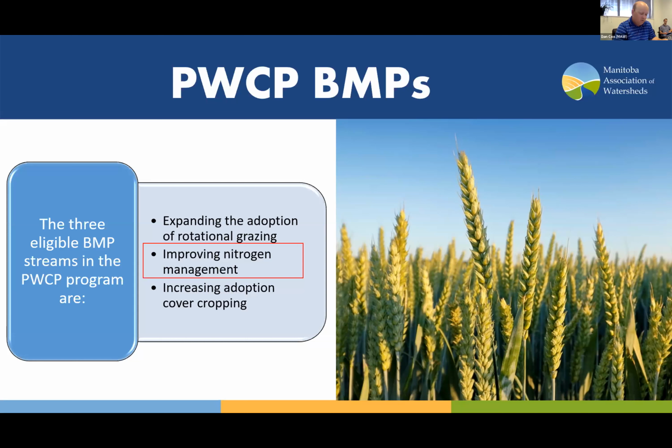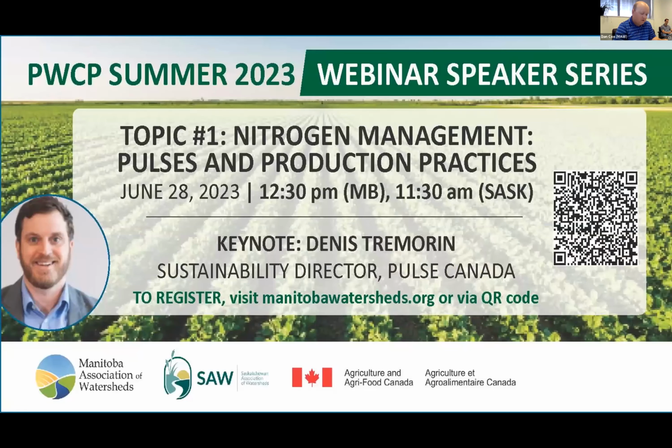Denis explores the role that pulses can play in improving the environmental sustainability of food and agricultural systems. Denis also serves as chair of Field to Market Canada, an organization focused on developing metrics and tools that enable measurement of environmental performance of Canadian crops. Welcome, Denis, to the webinar today, and we really appreciate your time, and we're looking forward to your presentation.